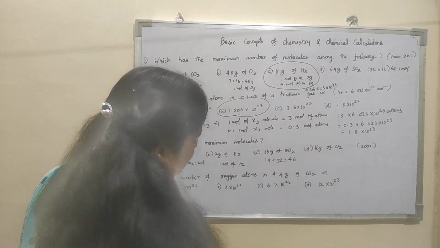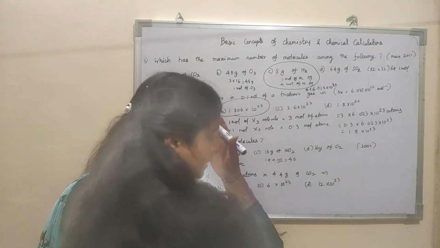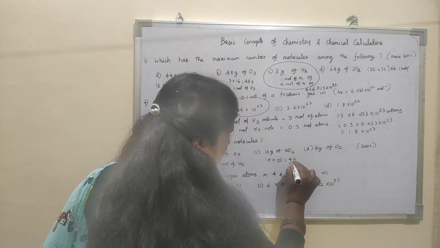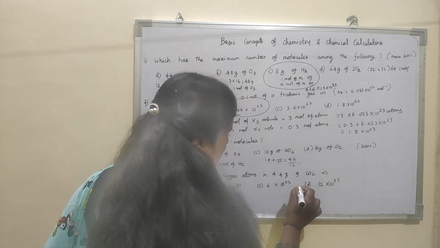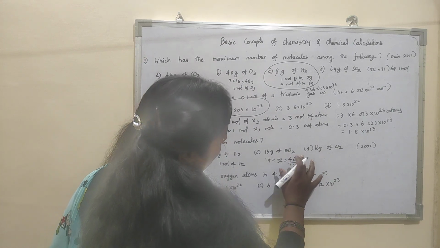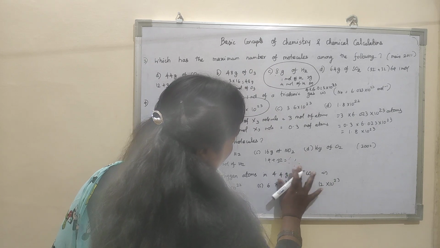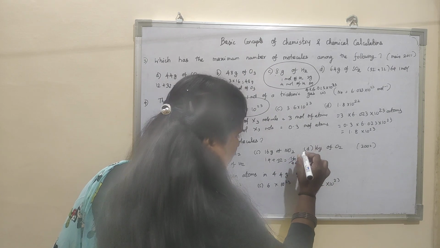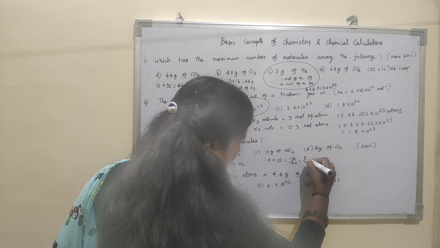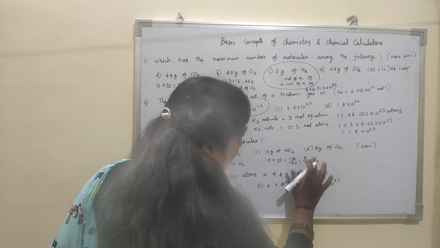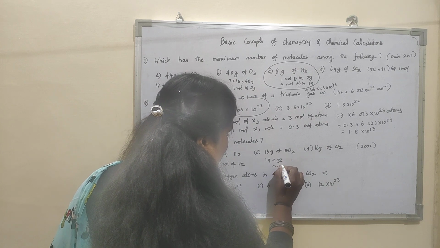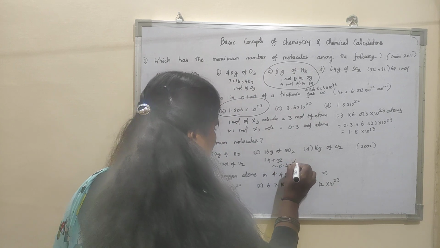Even lesser than half a mole, it is something like 16 by 46, which will be approximately 0.3 moles.